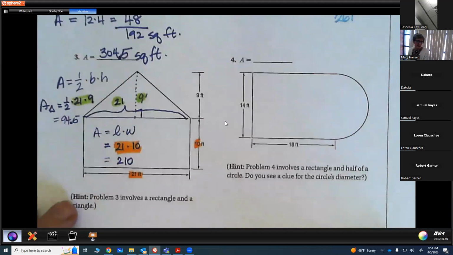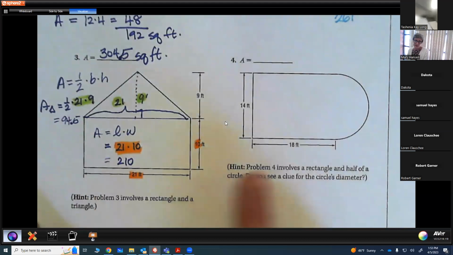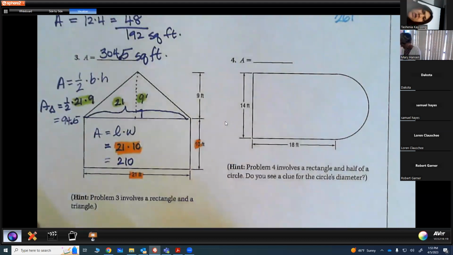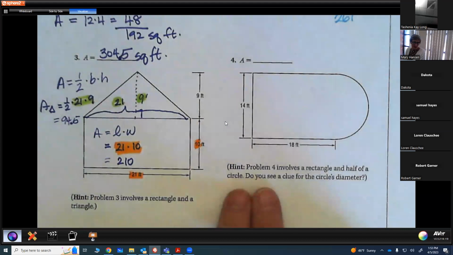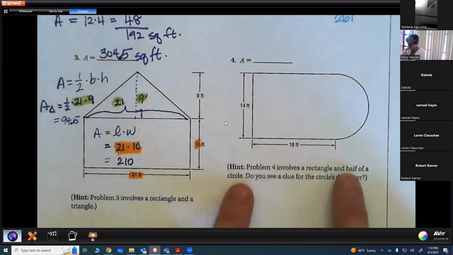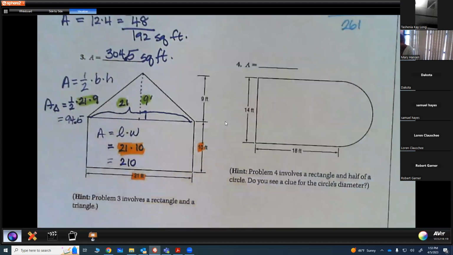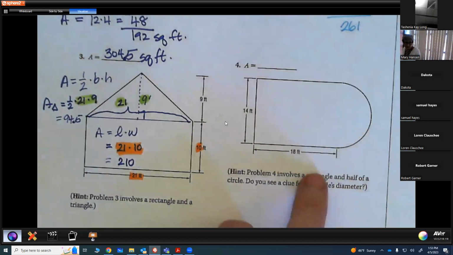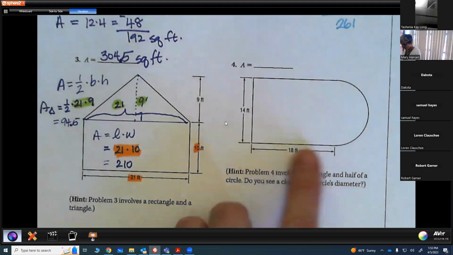I wish they hadn't given us the hints because that would have given us more to talk about. But they've given us a hint on number 4: it's a rectangle and half a circle. And so you can see that they've measured this bottom distance along the rectangle to this point.